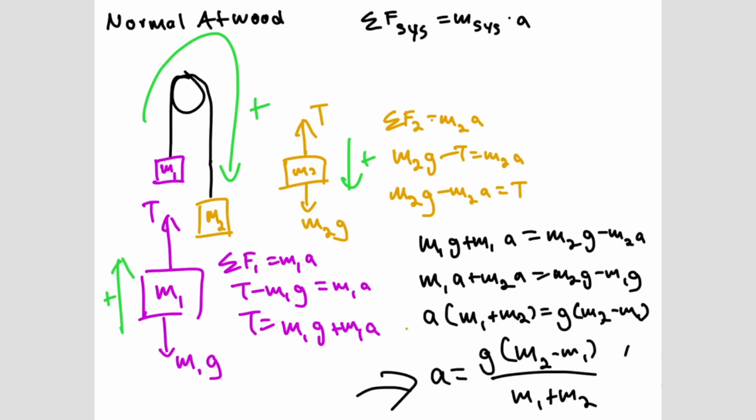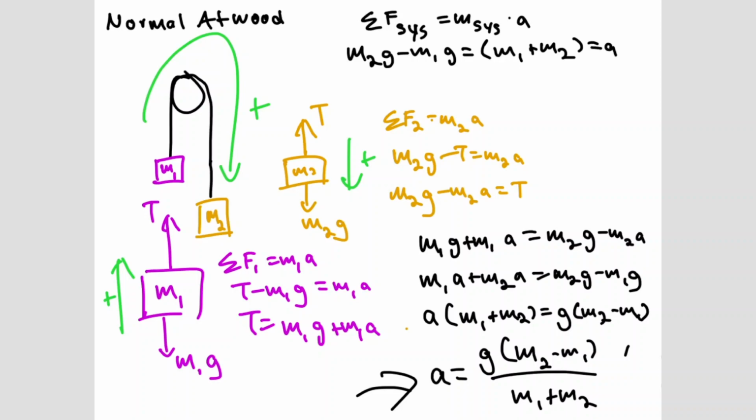Now the sum of the forces acting on the system is just the force of gravity on block 2 minus the force of gravity on block 1, because the force of gravity on block 1 is acting in the negative direction. And there's no tension whatsoever because the tensions in the string cancel out. So then we get m2g minus m1g. The mass of the system is m1 plus m2.